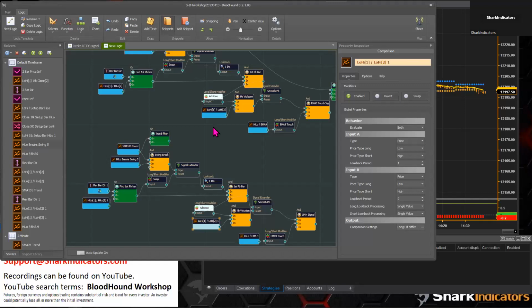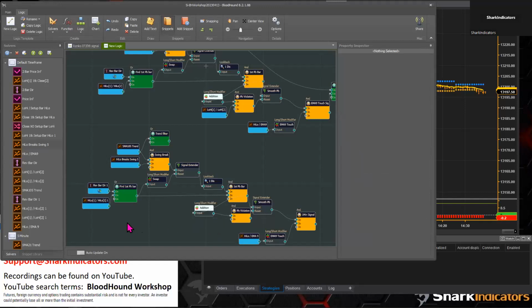You can see how that's creating duplicate CPU calculations. We can consolidate that so that BloodHound runs faster, because it's requiring fewer CPU calculations.